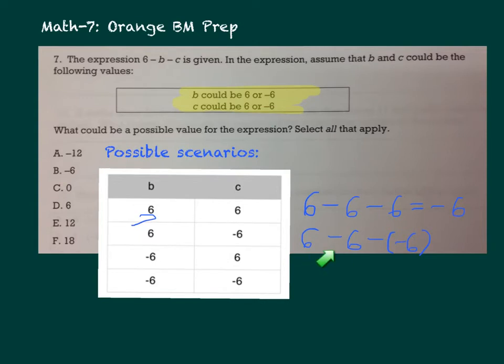Okay, 6 minus 6, that is 0 again, and then 0 minus negative 6. And remember, when you subtract a negative number, it's the same as adding the opposite. So this is 0 plus positive 6. So your answer is positive 6.